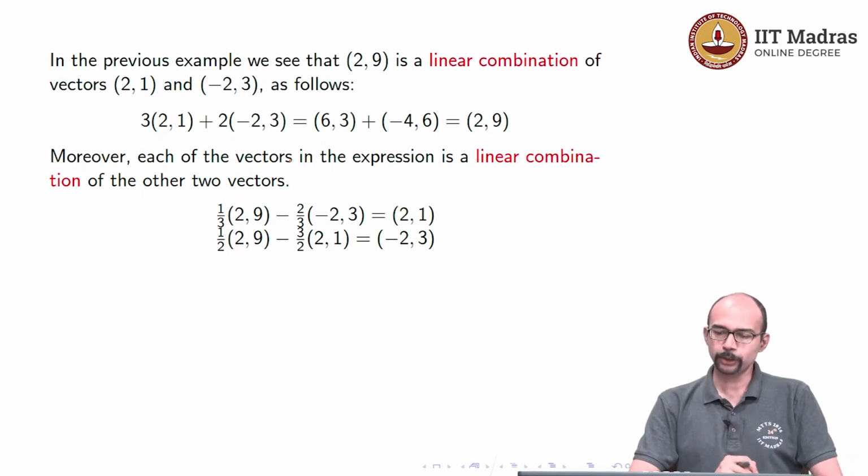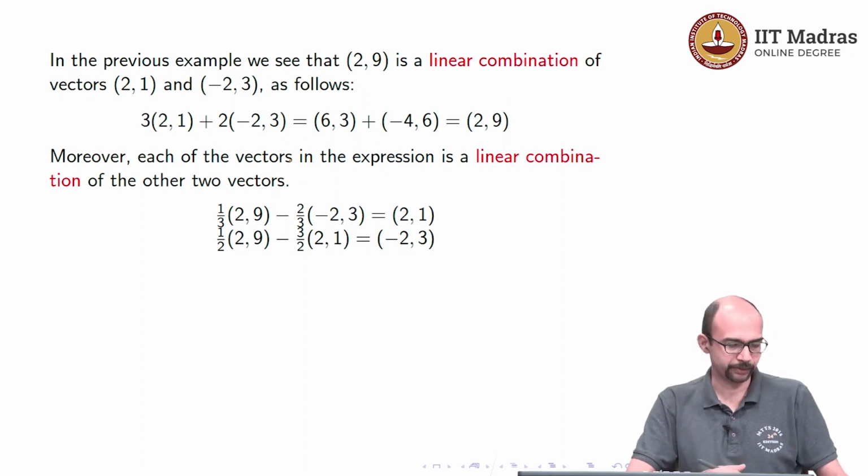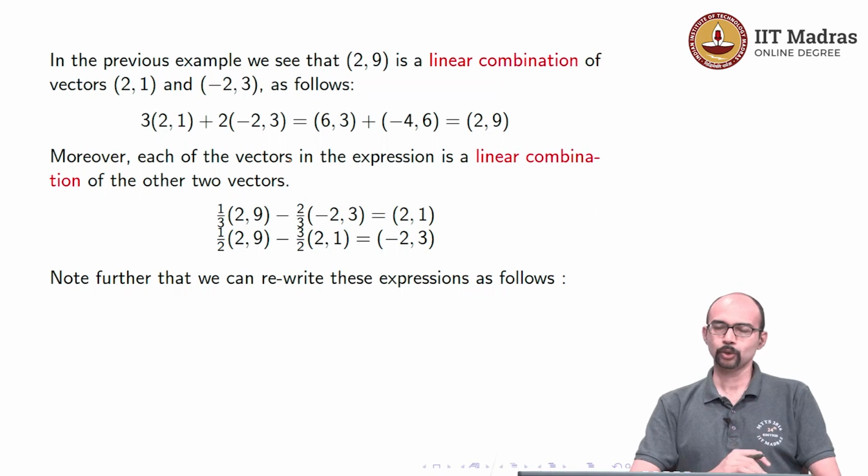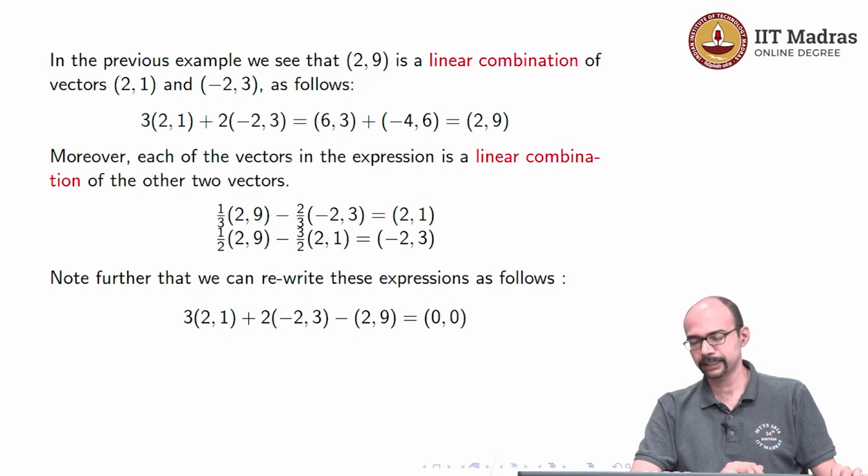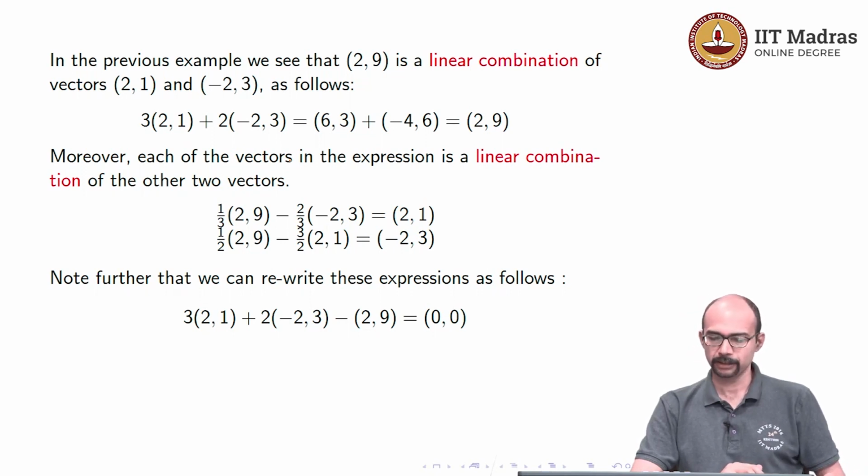Or we could write (-2, 3) as a linear combination of (2, 9) and (2, 1). How do we do that? We take (2, 1) on the other side and then we divide by half, and indeed that's the expression we get. Okay, so this is similar to what happened before, and once again, there is a third way we can write this expression, namely by taking (2, 9) on the other side and that gives us the 0 vector on the right.